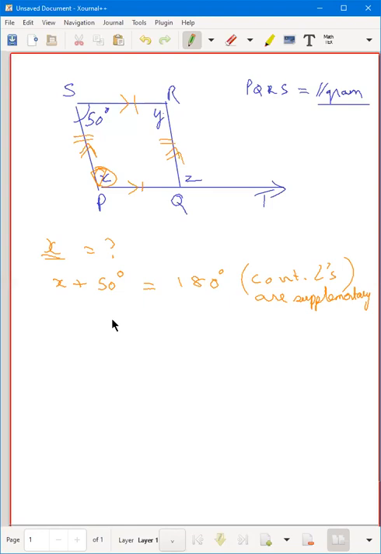Co-interior angles are supplementary. Because we know two parallel lines, this angle plus this angle, they both add up to 180. So X will become 180 minus 50, that is 130 degree. So we got X as 130 degrees.